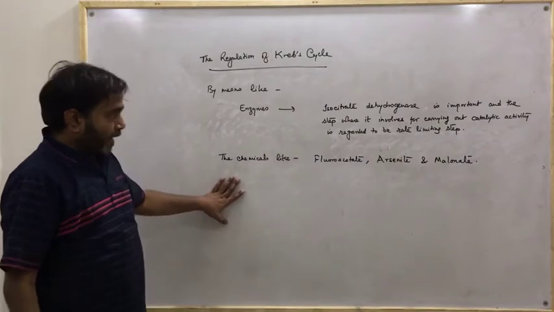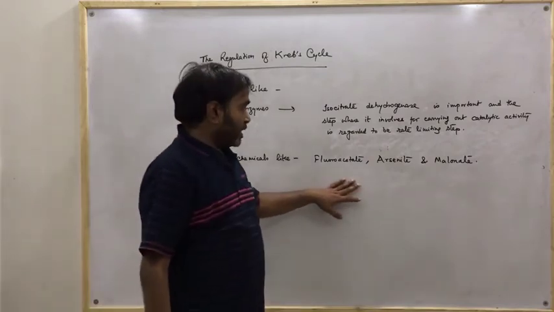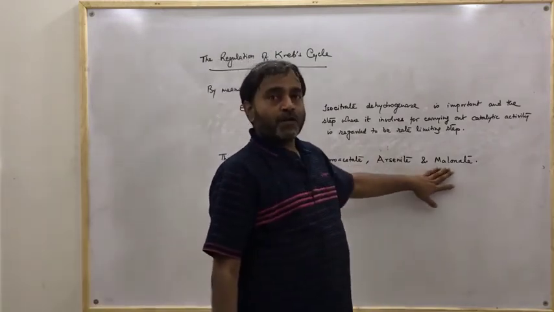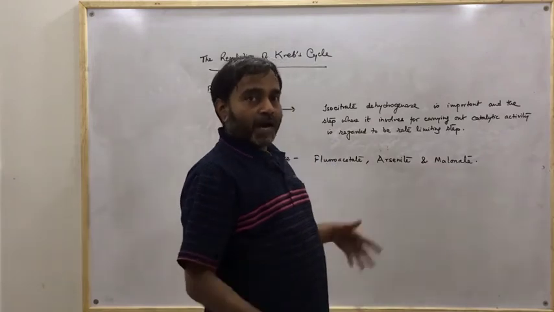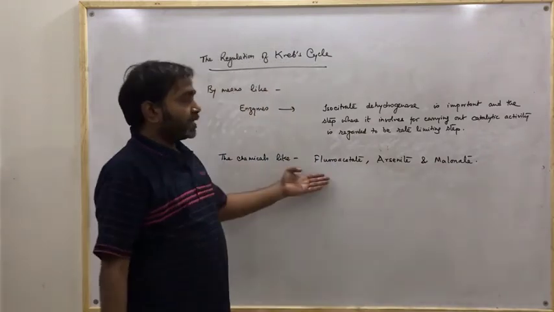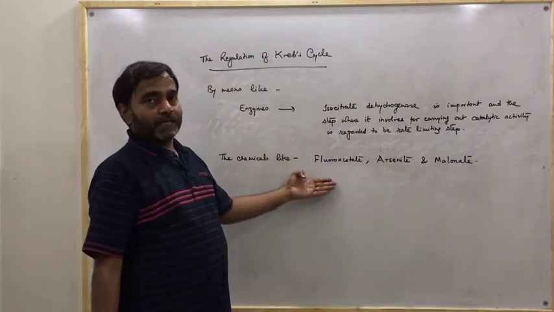So these chemicals may particularly inhibit some of the steps of Krebs cycle, and we may mark which step is getting influenced by a particular chemical.